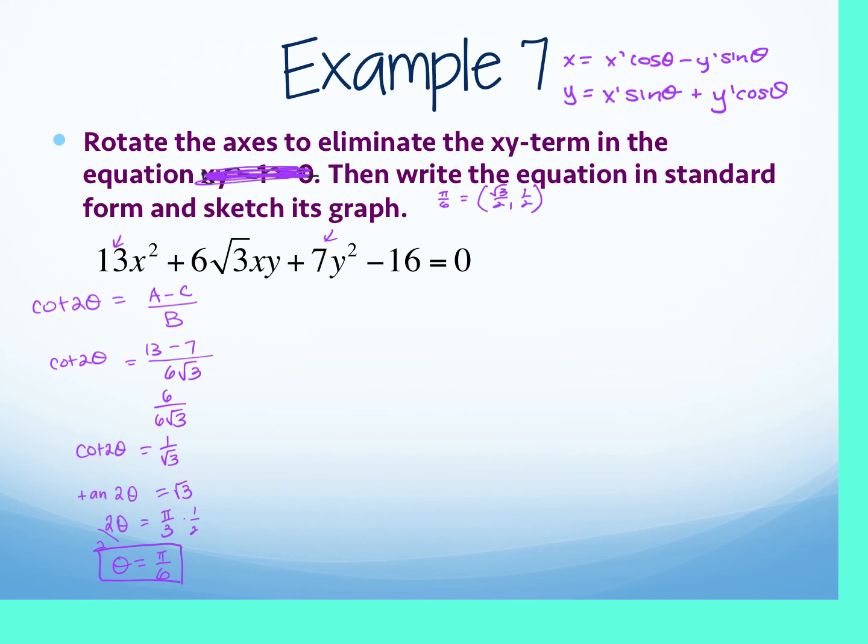Now we have a lot more x's and y's to replace them with, right? So you're going to want to write this small.